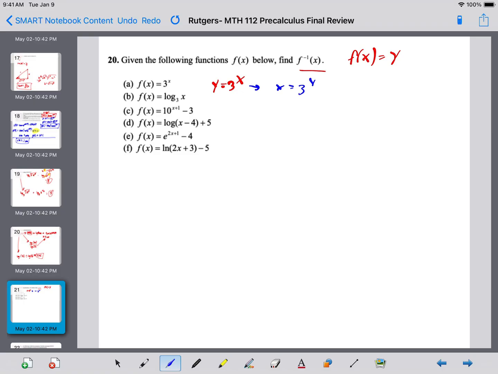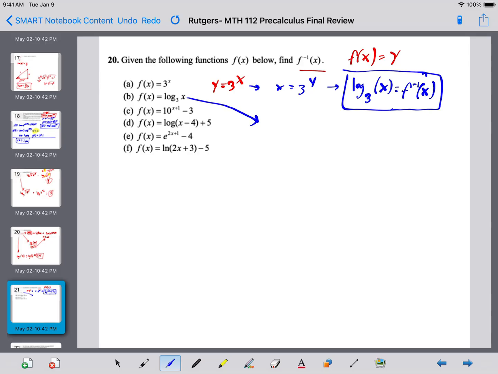Now this is no longer the original function. This is my inverse. So I'm going to try to solve for y the way you solve for an exponent. You use logs. So log base, argument equals exponent. This would be my inverse. I would then switch that y that we solved for to the inverse of f of x. Okay?